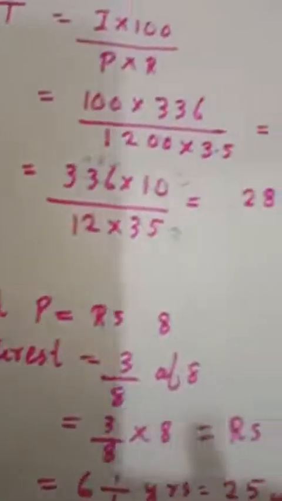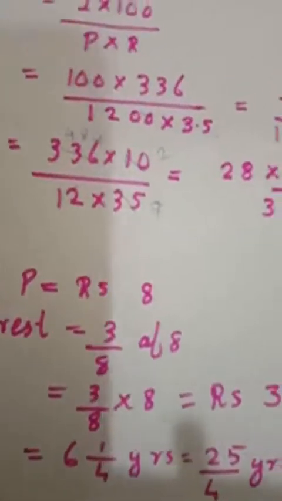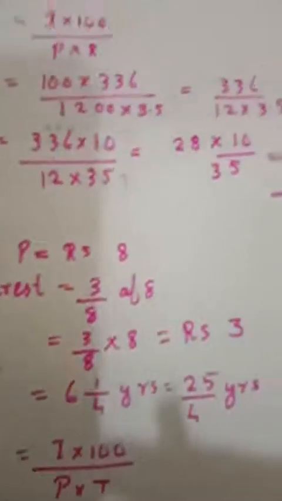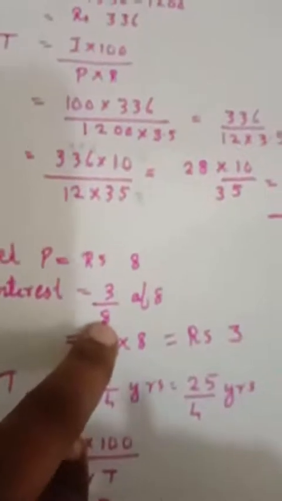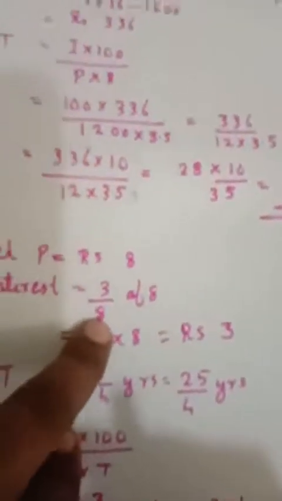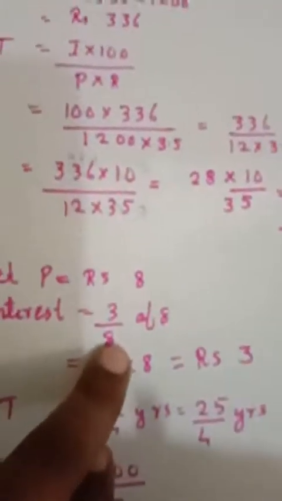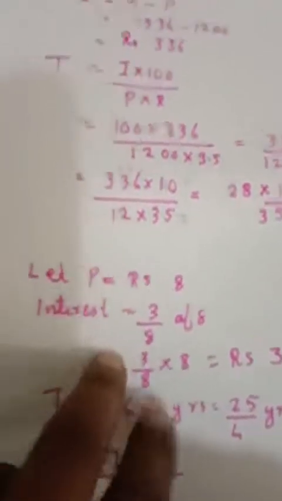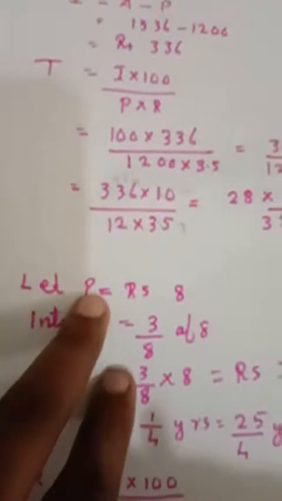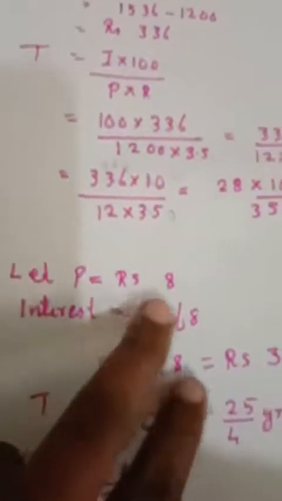So here we take P is equal to rupees 8. Why? Because if P is equal to 100, interest is 3 by 8 of 100, but cancellation will be tough. So for the easiness of calculation, let it be 8.